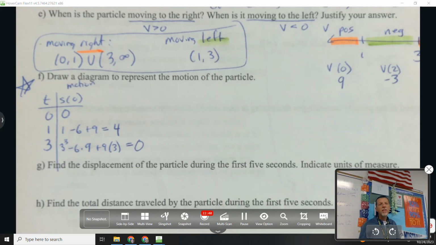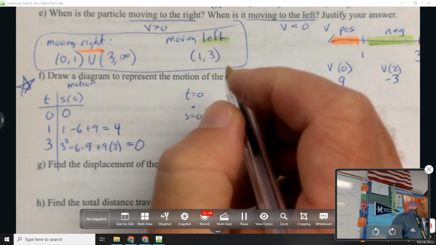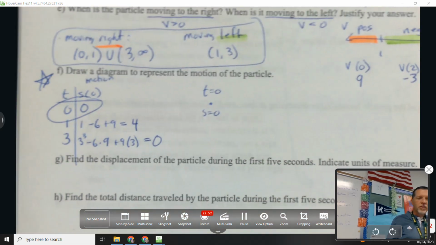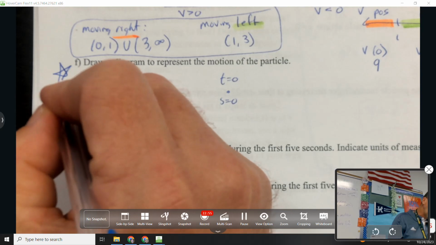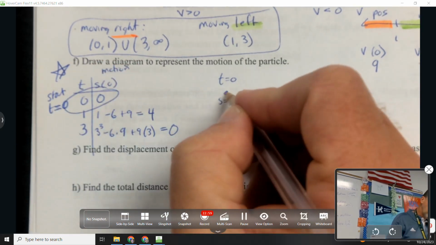Okay, the motion diagram is, again, tricky to do. We're going to start at t equals 0, which happens to be s equals 0. You'll always start at t equals 0. There's my starting point.